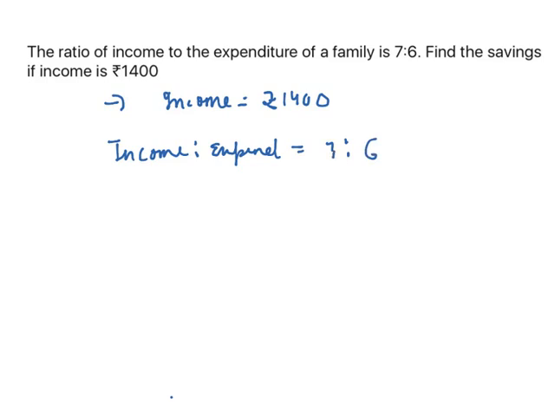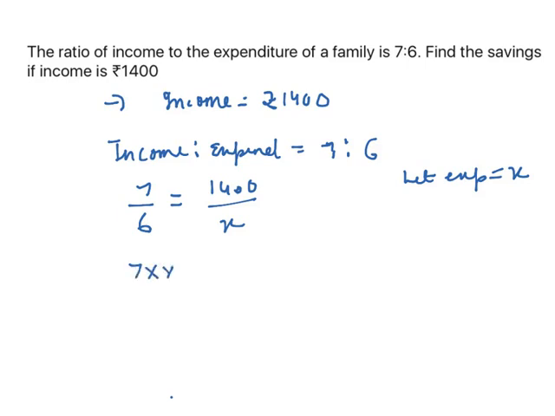Income to expenditure is 7 by 6, and let the expenditure be X, which we don't know. So we can equate these two: 1400 by X equals 7 by 6. Now we can find the value of X from here.